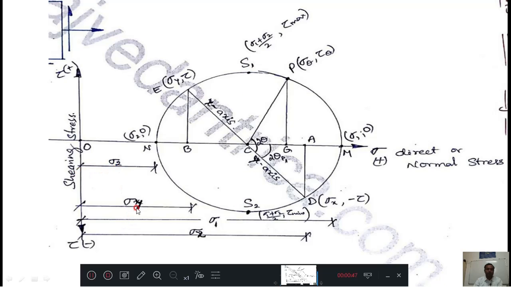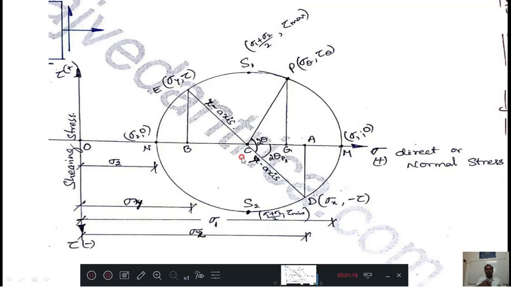Then sigma 2, sigma y, sigma x, sigma 1, and (sigma 1 plus sigma 2) by 2, comma tau max; sigma 1 comma 0; sigma theta, tau theta; (sigma 1 plus sigma 2) by 2, comma tau max; and sigma y to sigma 2 comma 0. These are just for your reference, I just read them. Now we will see how to draw the Mohr circle.